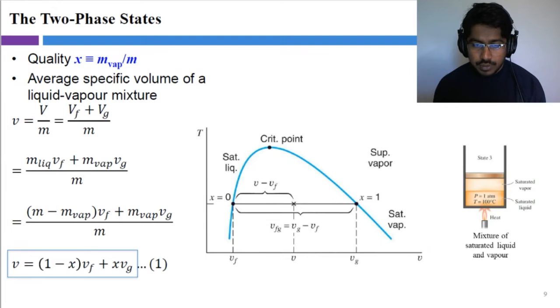So we'll refer to this as the two-phase region throughout the lecture series, right? So inside the two-phase region, if we know the specific volume and either temperature or pressure, can we mark a state? Any ideas?